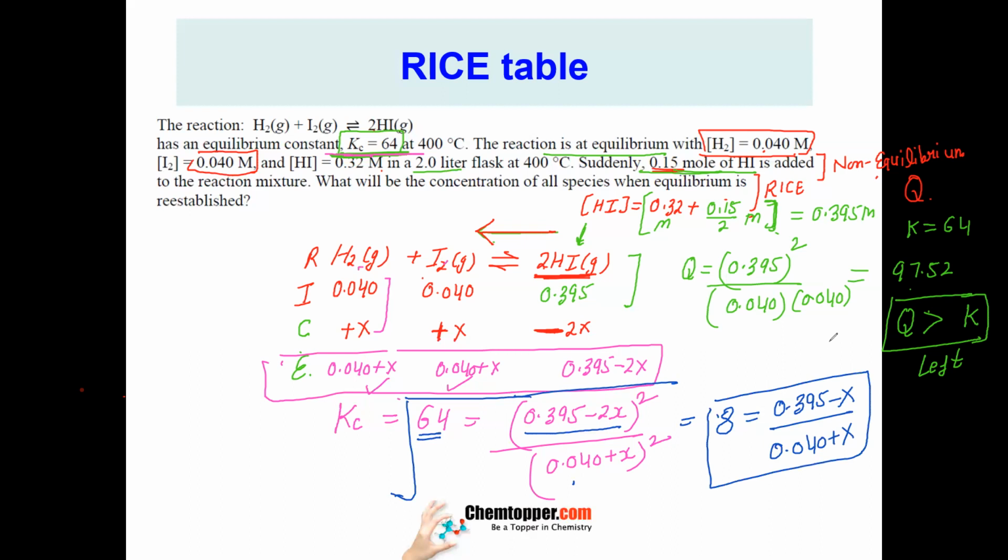You can straight away plug in this and get the value of x. Once you know x, then you know everything. You know this concentration. They are asking this: all species at equilibrium. So you can work out this, this, and this, because you know x, so you can work out all these values. And that's the question.